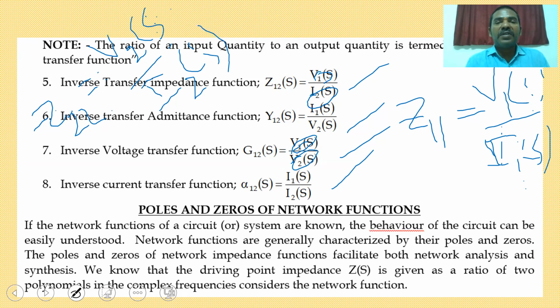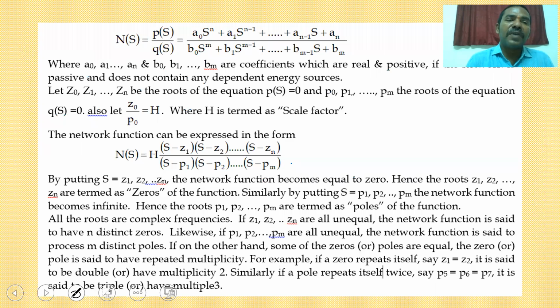Okay. So now the most important topic is poles and zeros of a network function. Any network function can be represented in terms of polynomials in the variable s. For example, N of s is equal to P of s by Q of s. P of s is a0 s power n plus a1 s power n minus 1 and so on, a(n-1) s plus an, where a0, a1, a(n-1) and an are the coefficients of the numerator, and these must always be real and positive.